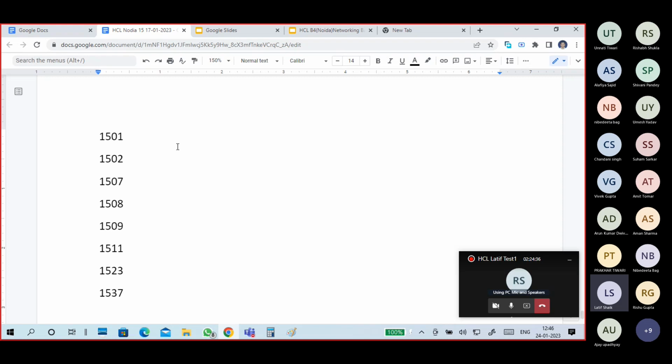What is this, guys? We can understand 15 represents the batch number, and the remaining is the roll number. Every person has a unique number, right? For example, 15 is a batch number.